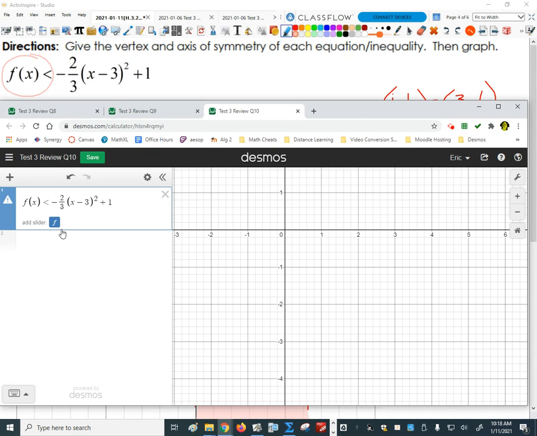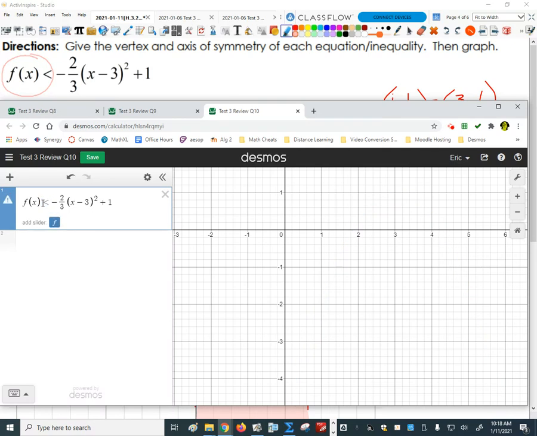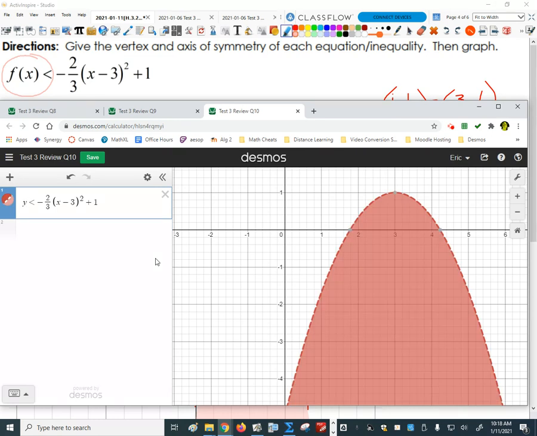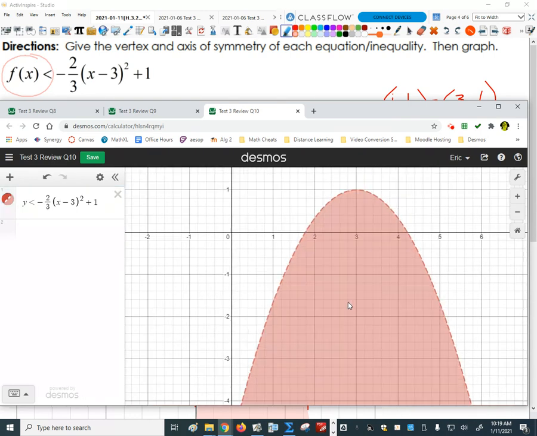That's bizarre. Huh. I think it only looks like it's one. Yeah, I think it does. I think you're right. So when you're doing inequalities that are nonlinear, you have to use y instead of f of x. Okay? Well, live and learn. I guess maybe I'd seen that before, but I'd forgotten that.